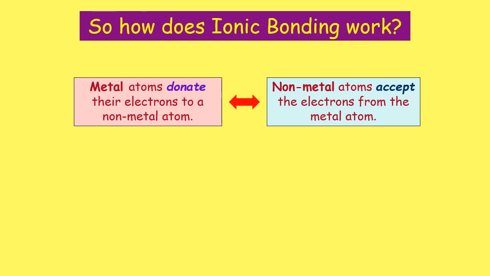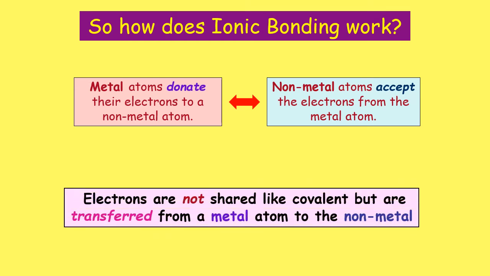So how does ionic bonding work? Well, when a metal and a non-metal react with one another, the metal wants to give away electrons and the non-metal wants to receive electrons. So what happens is that the metal donates electrons to the non-metal and the non-metal accepts electrons from the metal.